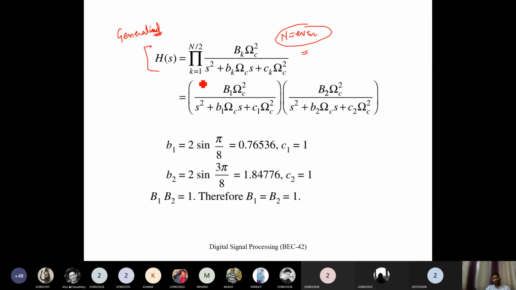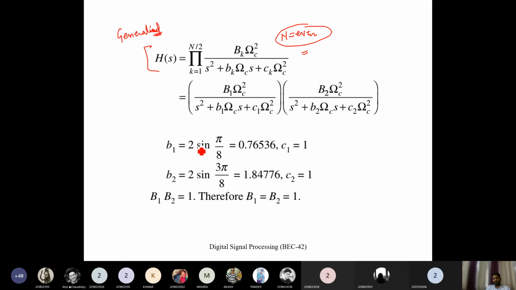Once k is 1, we will get b1 omega c square divided by s square plus b1 omega c s plus c1 omega c square, multiplied by the same expression expanded once we put k equal to 2. These will be the terms, and we will find all the different terms.